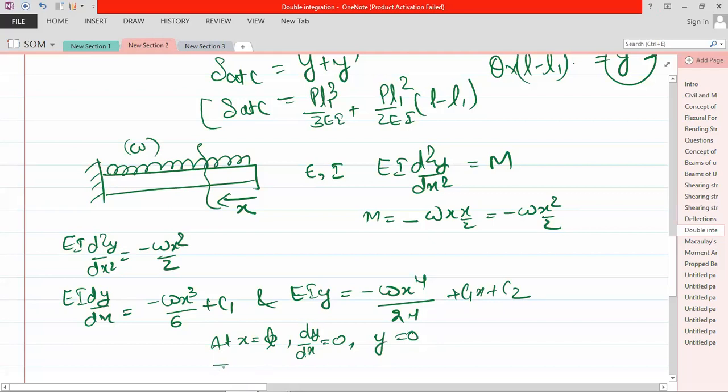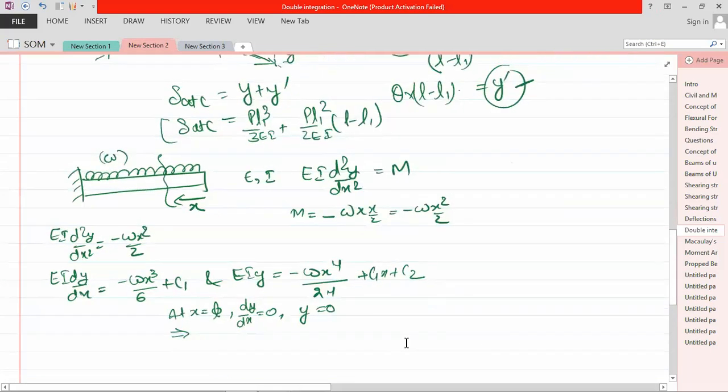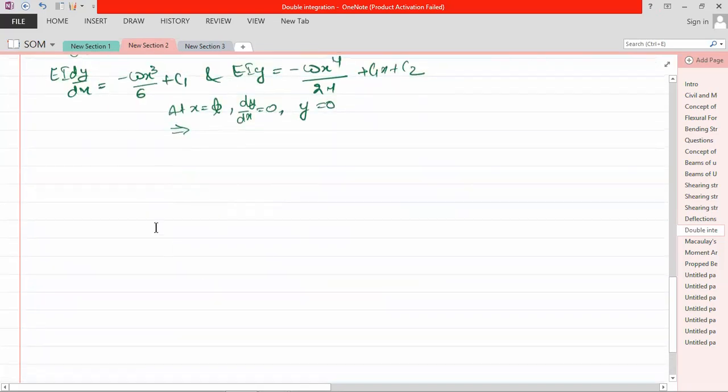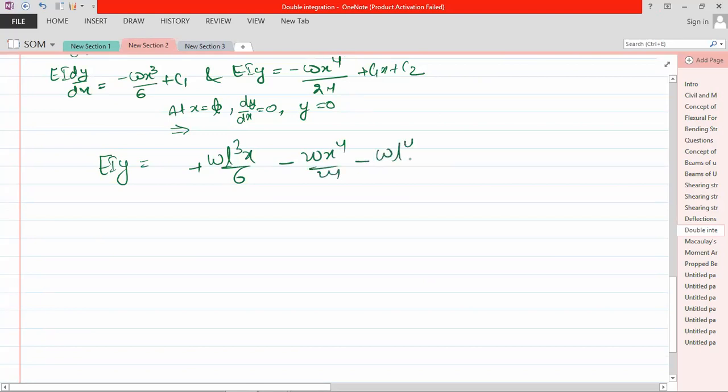This implies we can obtain from this expression, and the equation we get is, I'm writing directly, EI y is equal to minus w L cube x by 6 minus w x to the power 4 by 24 minus w L to the power 4 by 8.